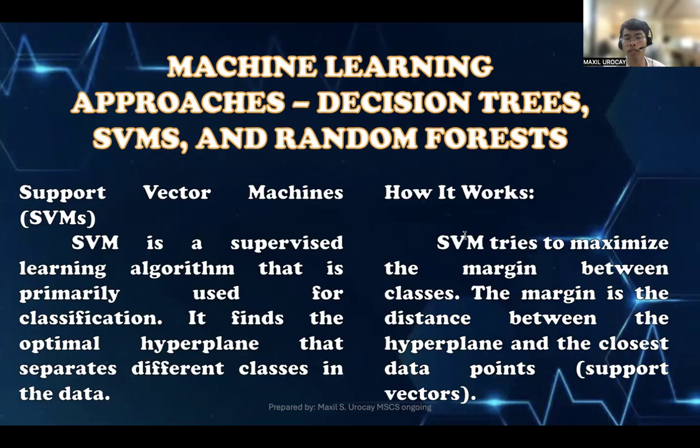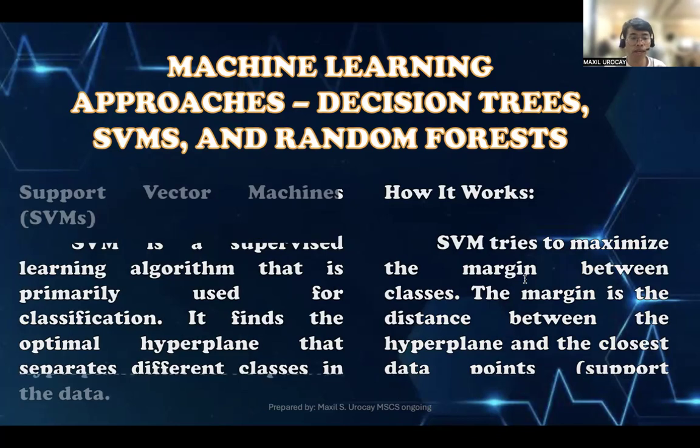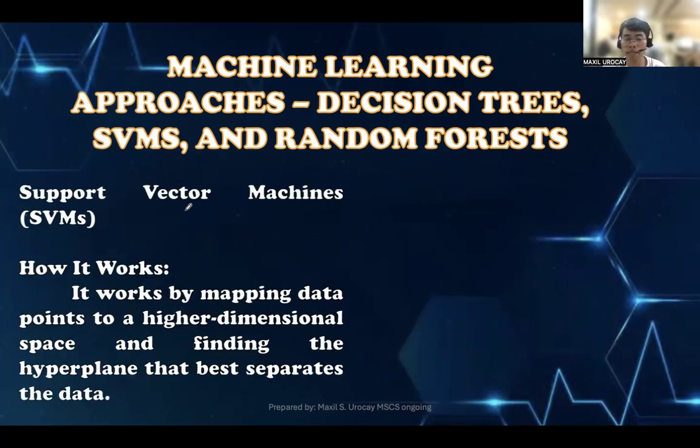They're useful in anaphora resolution for classifying the antecedents, especially when features like gender and syntactic structures help us create distinct boundaries between those possibilities. SVM works by mapping the data points to a higher dimensional space and finding the hyperplane that best separates the data.